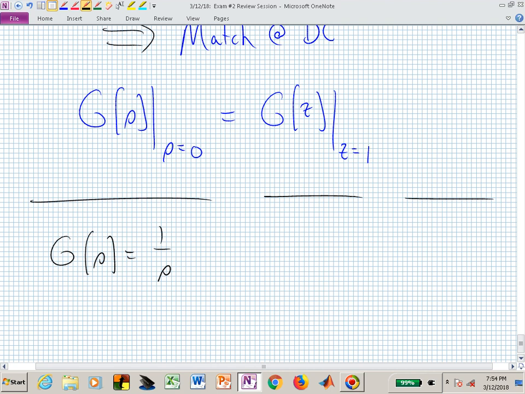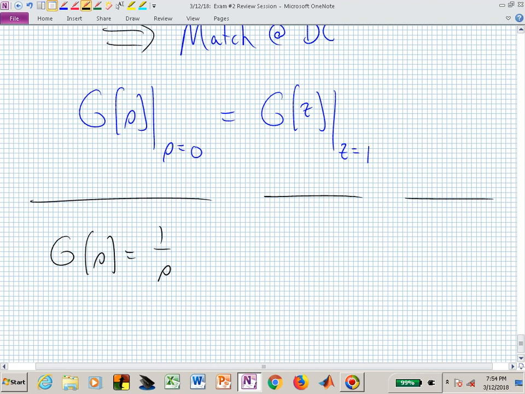What's 1 over s do in the time domain? What's s do in the time domain? A multiplication by s in the frequency domain does what in the time domain? So 1 over s integrates, s differentiates, doesn't it? So this is really an integrator. If this was a system, this is an integrator.